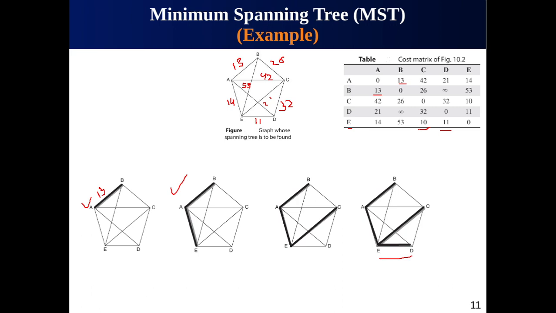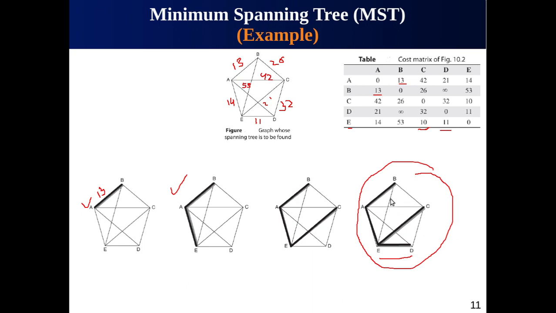Now that's it. Since all the vertices have been covered, the task is now accomplished. You see all the nodes are now connected, and there is no loop. One consideration is that the number of edges in a spanning tree of a graph having n vertices should be n minus 1.